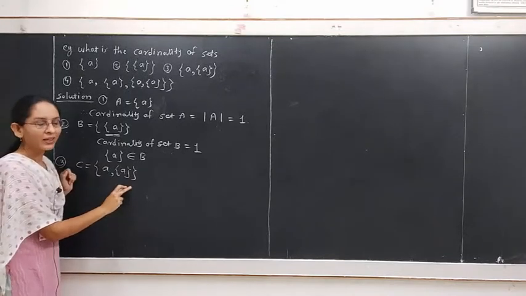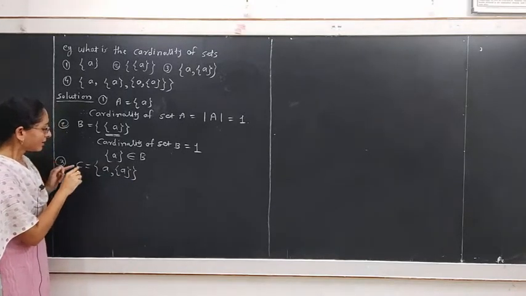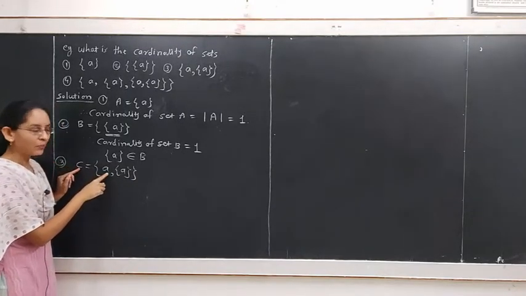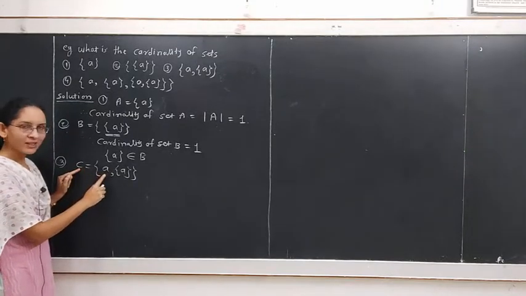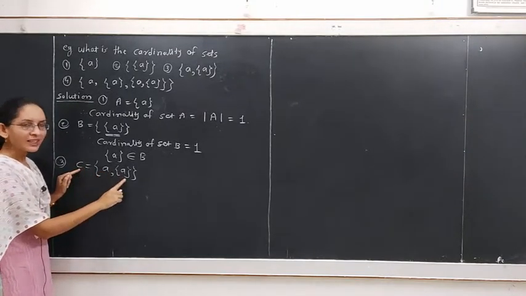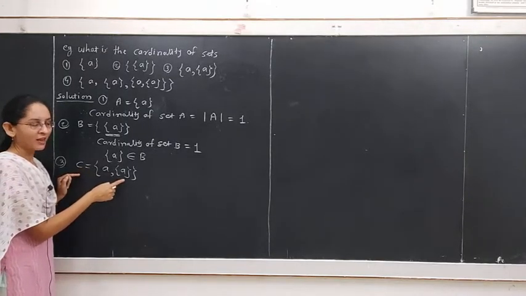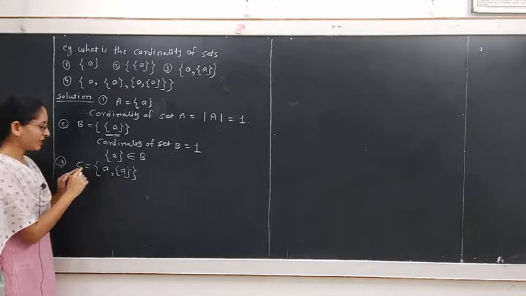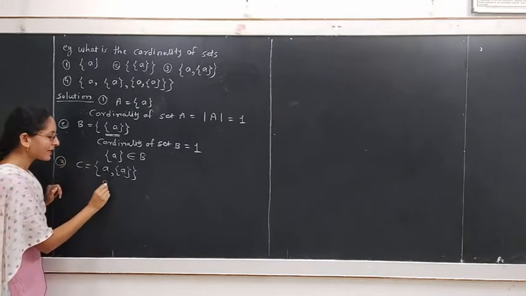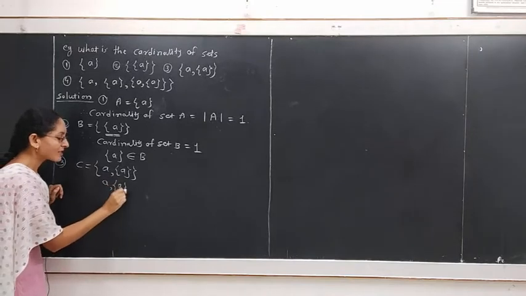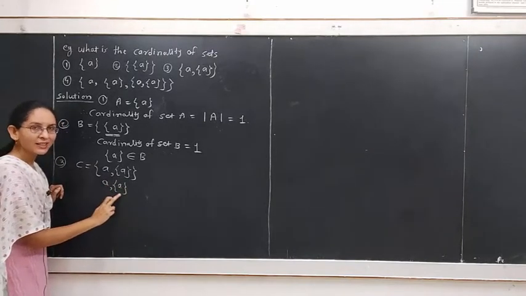In third example, consider the set C as a, set A. Now small a belongs to set C. This is the first element of set C. Another element of this set C is in the form of set, which is a singleton set. Hence we have two elements in the set C. First element is a and second element is set A. These are two distinct elements.